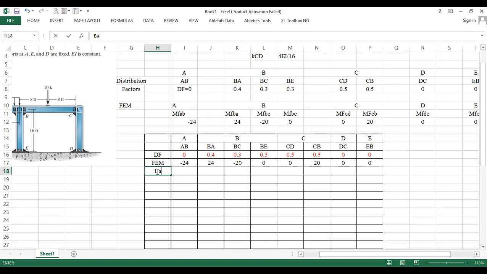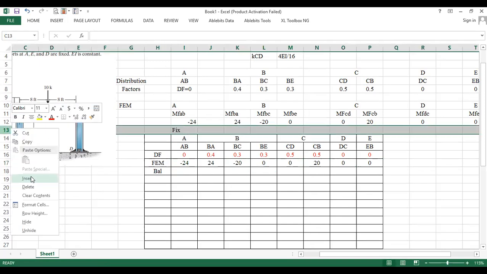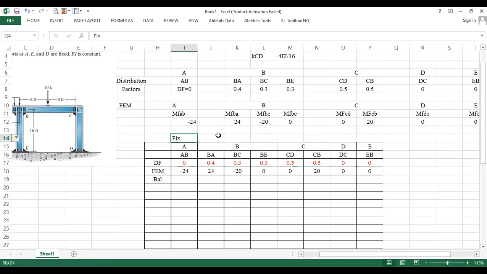I'll start balancing. So this is fixed, right? Fixed, continuous, this is also continuous, fixed, fixed, right?